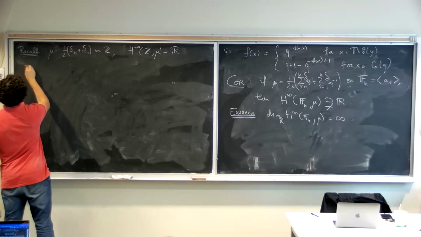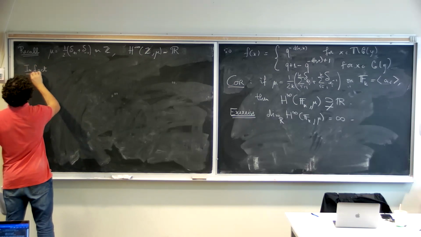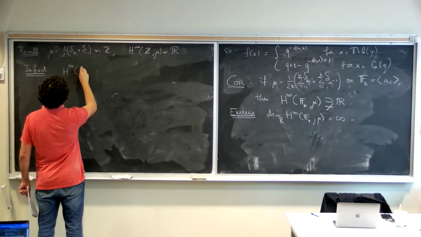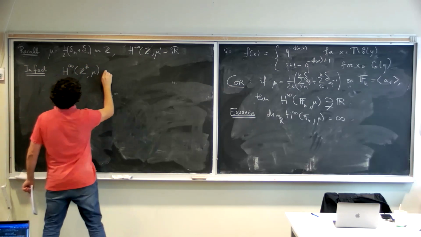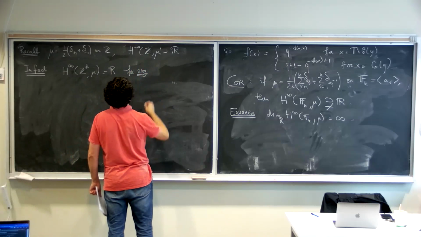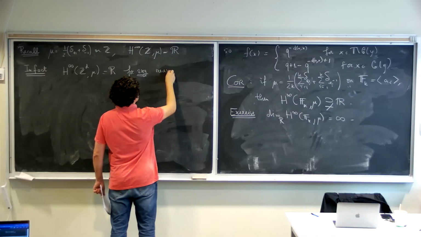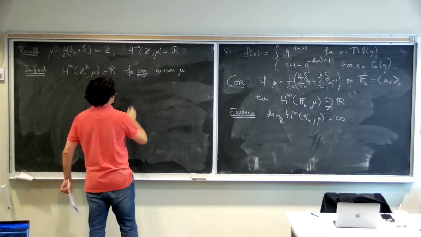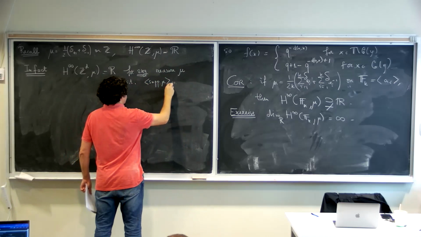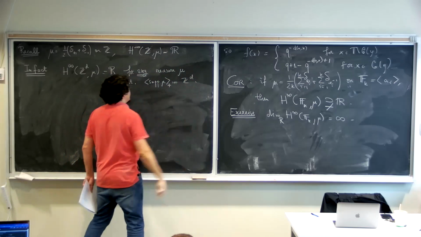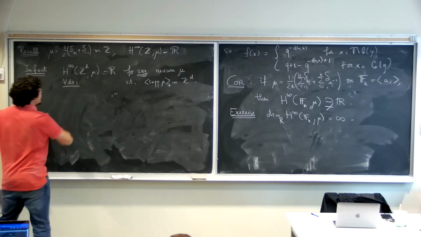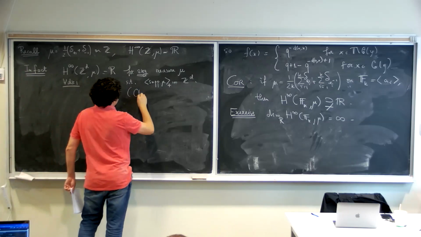In fact, the space H infinity of Z^d, mu is trivial for any measure mu that generates Z^d, such that the semigroup generated by the support of mu is Z^d, for every d. This is a theorem of Choquet-Deny.